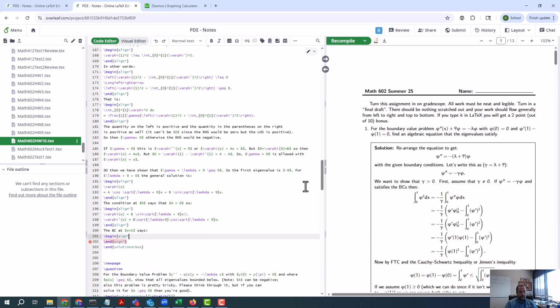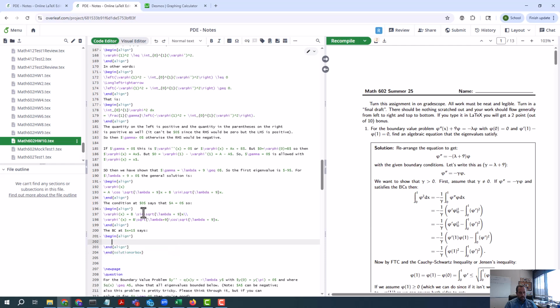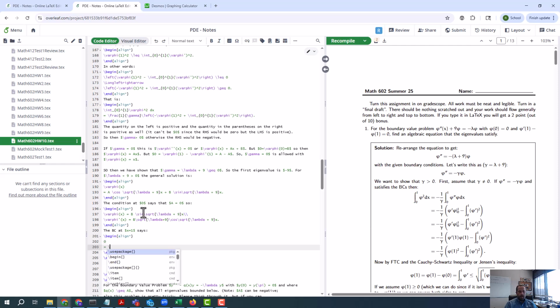The boundary condition at x equals 1 says, so we're going to have, whoops, what am I doing here? Okay, so 0 is equal to phi prime of 1 minus phi of 1.